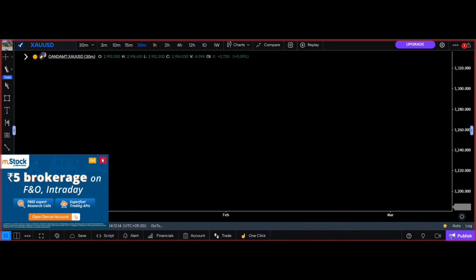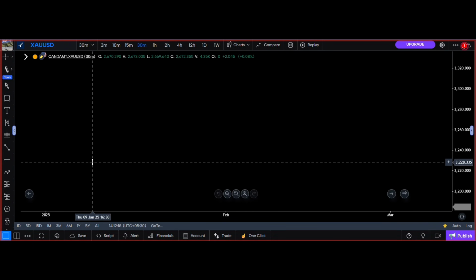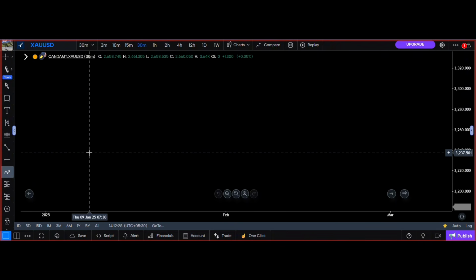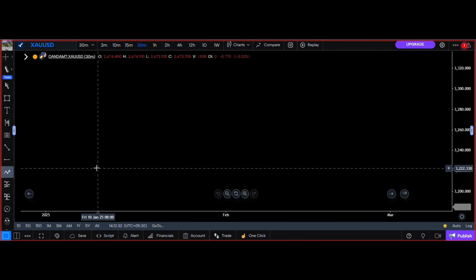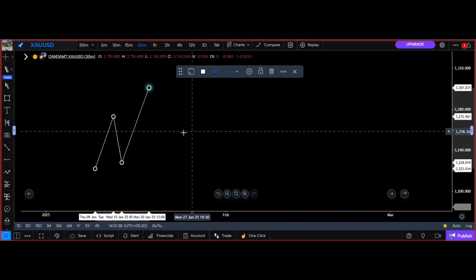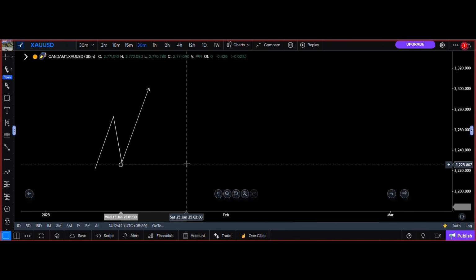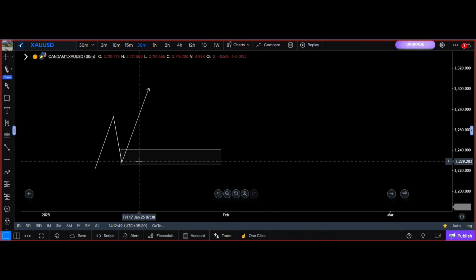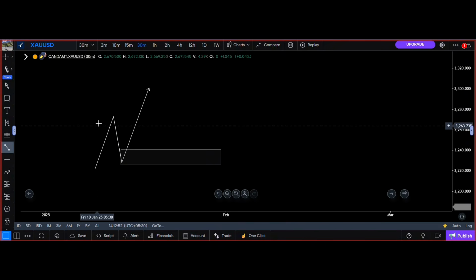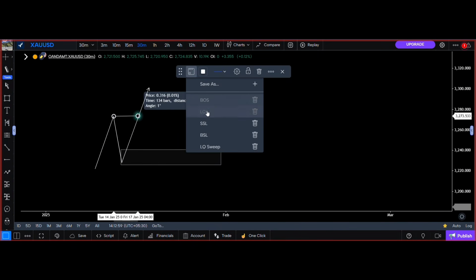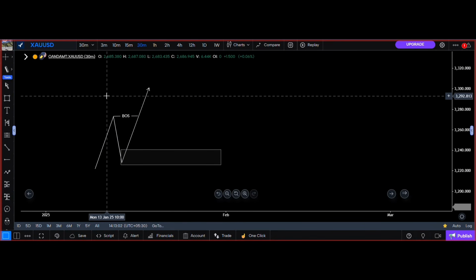So let me show you the first entry model, how it looks. First, the market is uptrending, then comes down, then up. We have our demand zone here, and we have a clean breakout structure to the upside.